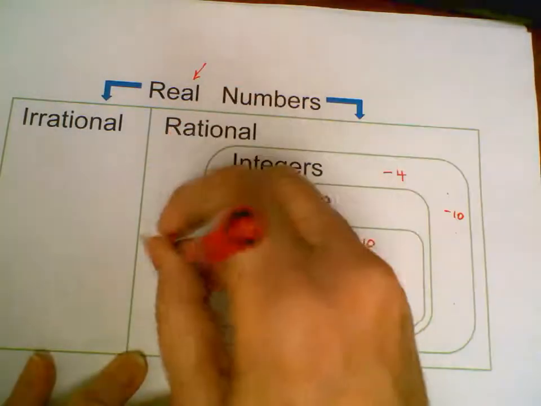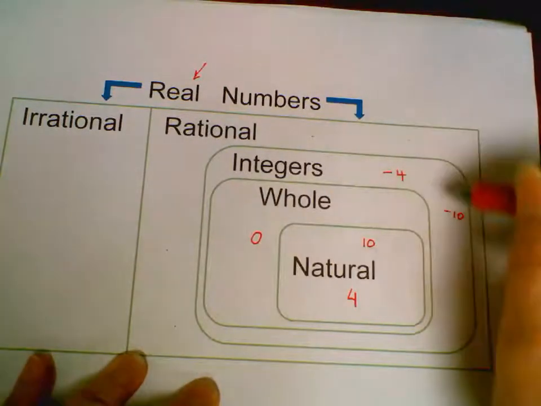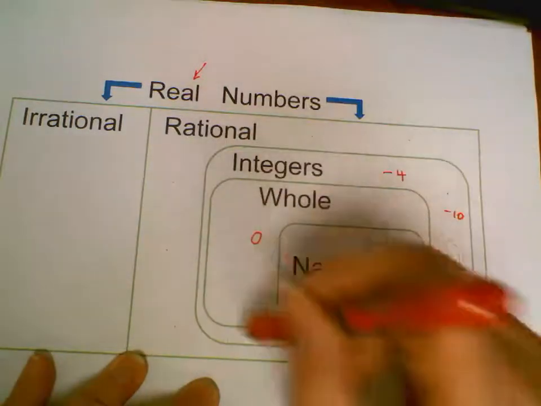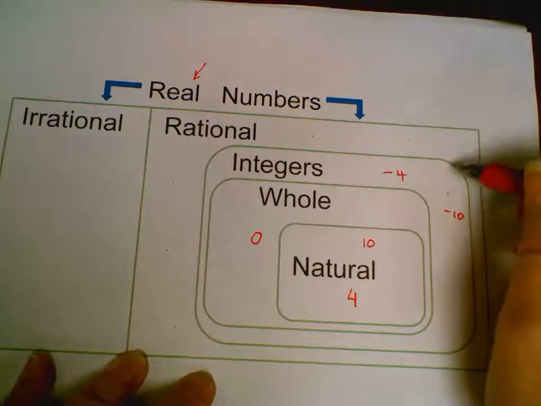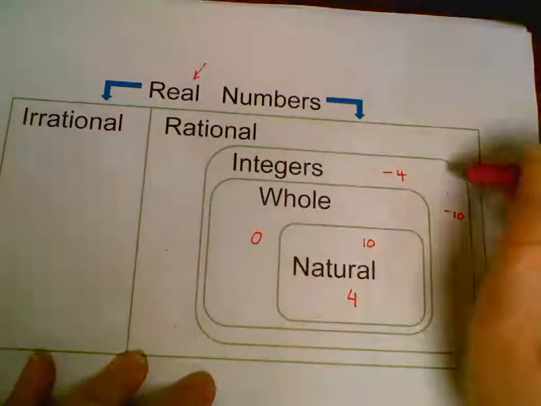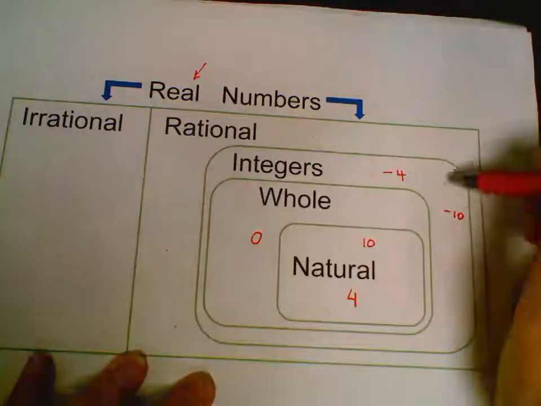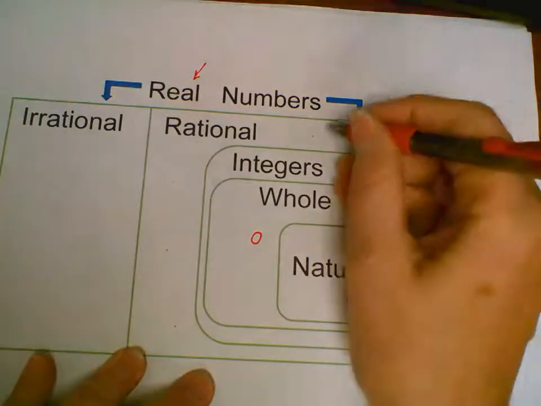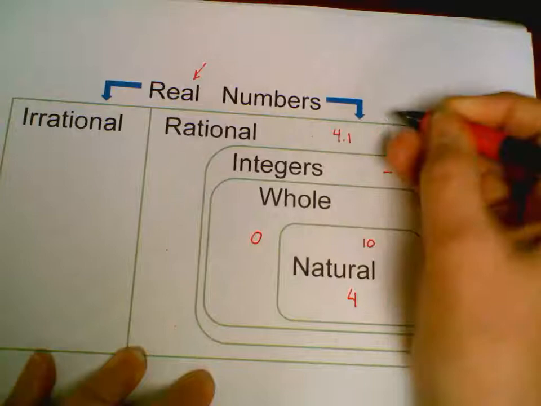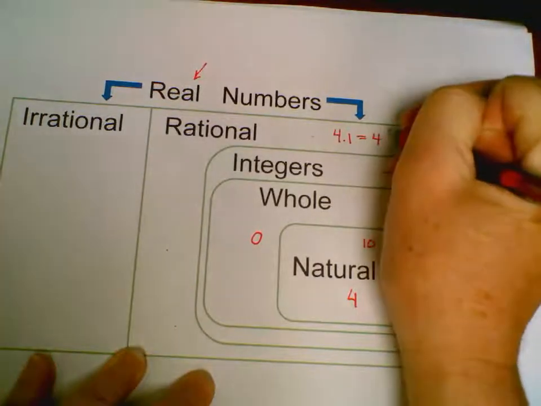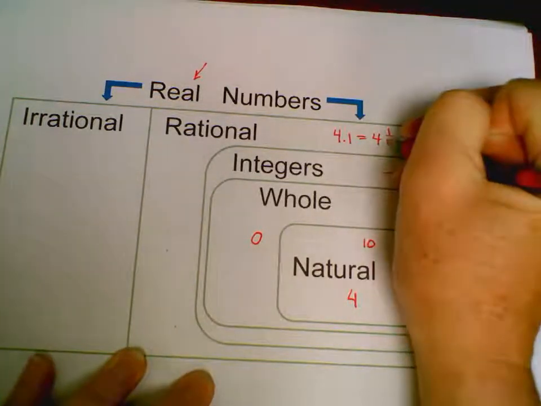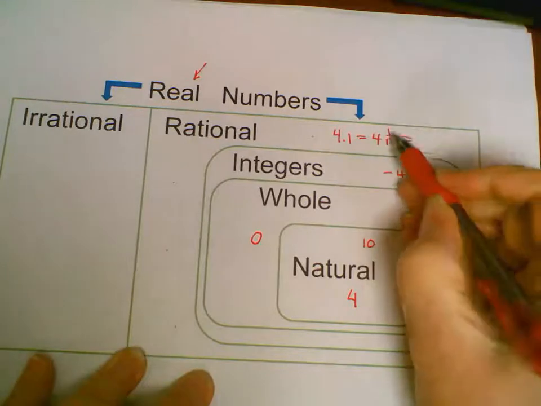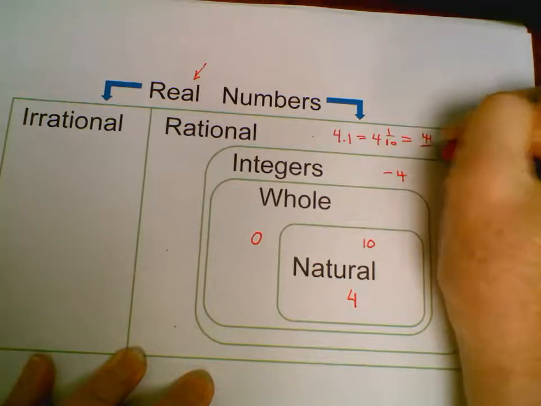What could go in this category? It can't be integers because they'd be within their integer container. So it must be numbers that are ratios, but not integers, not whole numbers and their negative counterparts. So maybe 4.1, which is 4 1/10, which can also be written 4 times 10 plus 1, 41/10.